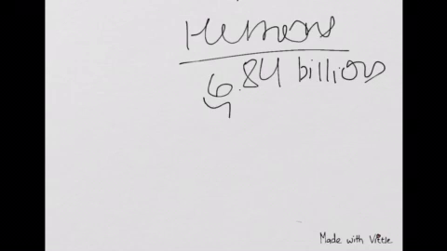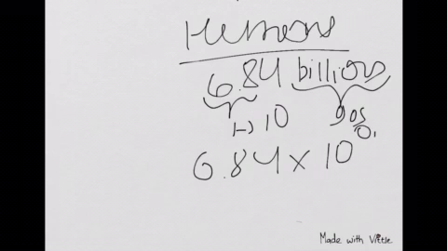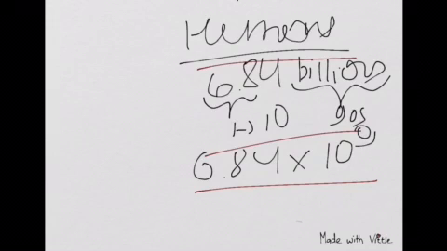Since 6 is already from 1 to 10, we can take 6.84, and since billions have 9 zeros, we multiply it by 10 to the power of 9. Your answer for the human population should be 6.84 times 10 to the power of 9.